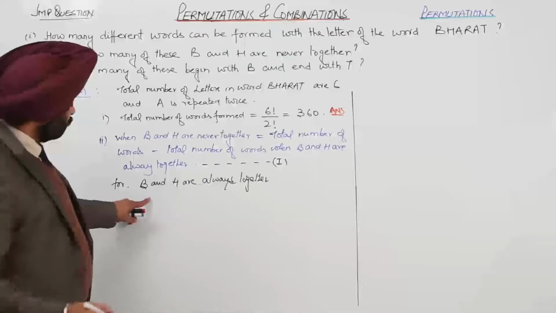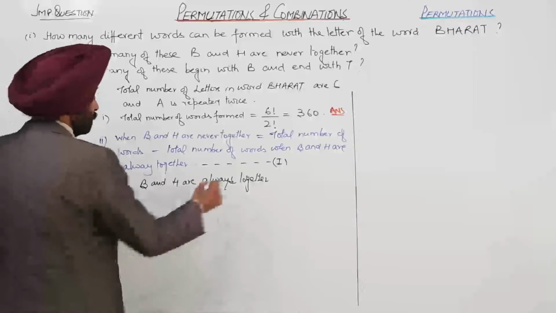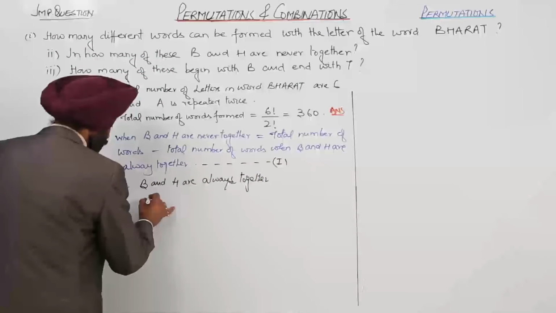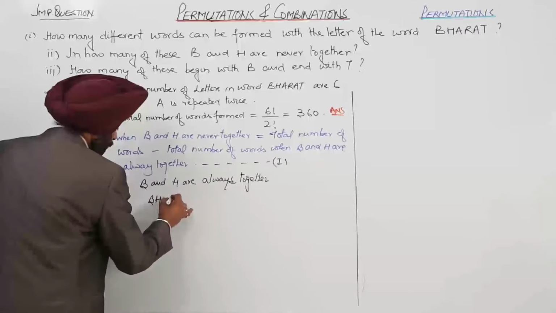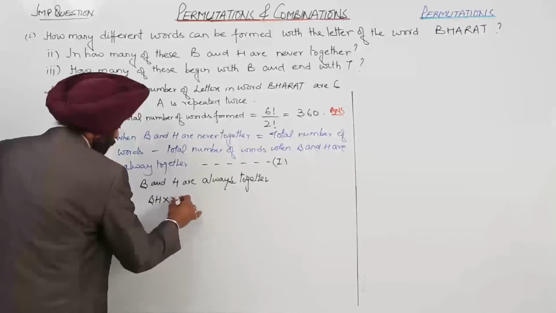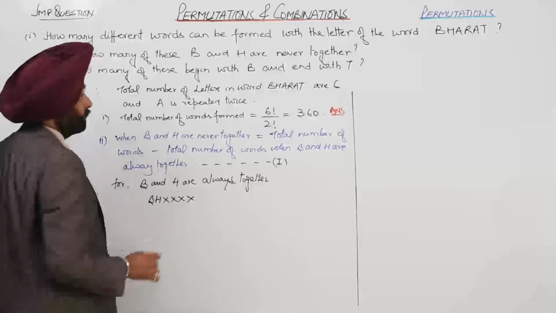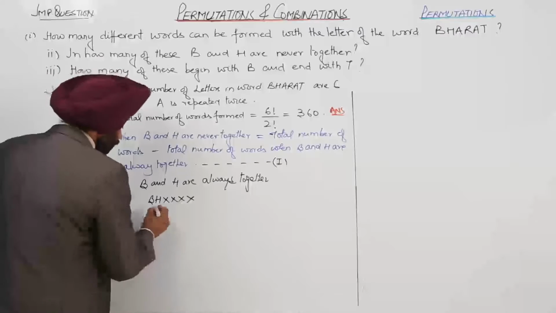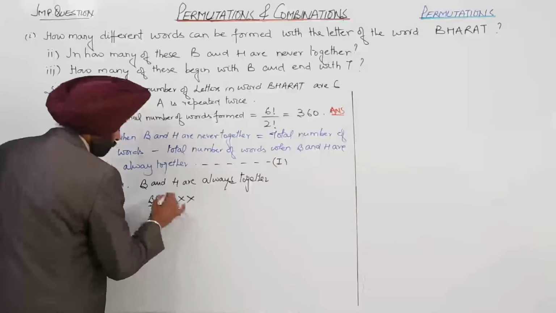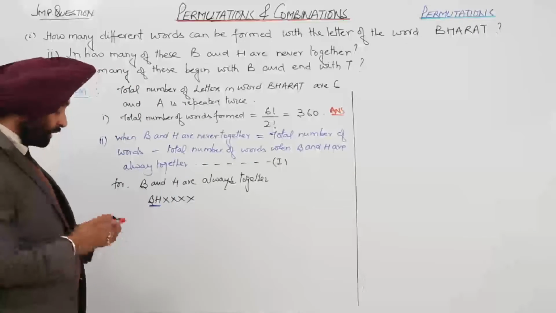Now for B and H always together, what can we write? We can write BH A R A T. So we have to consider this as a single one, considering BH as one letter.